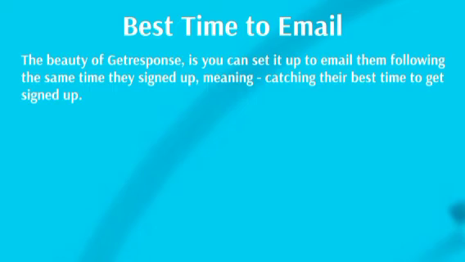You can set it up so that they receive an email every day, every other day, or once a day, and then you skip 2 days, and then you go 3 days. Or you could even set it up so that you only email them during Monday through Friday and you skip Sunday and Saturday.